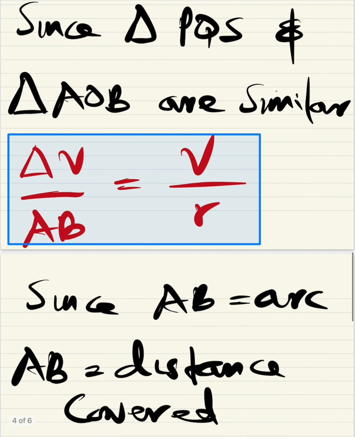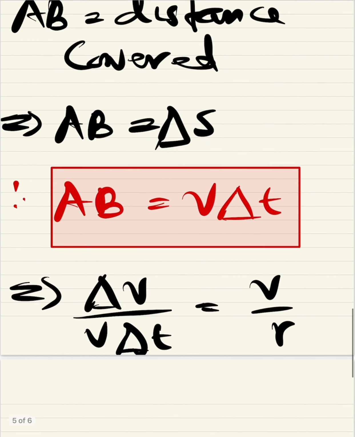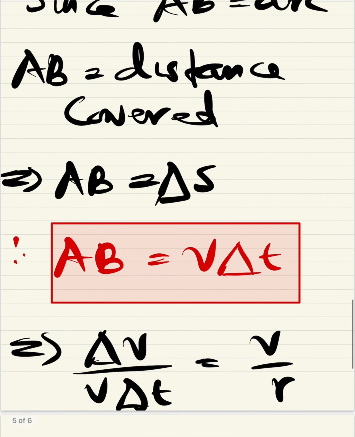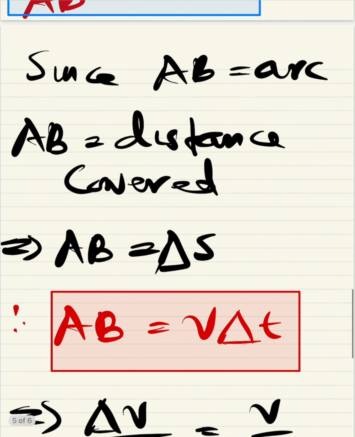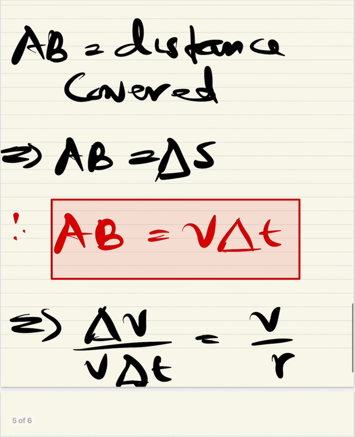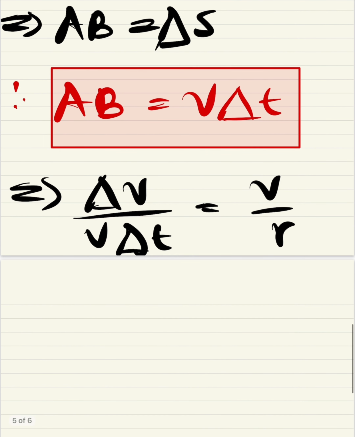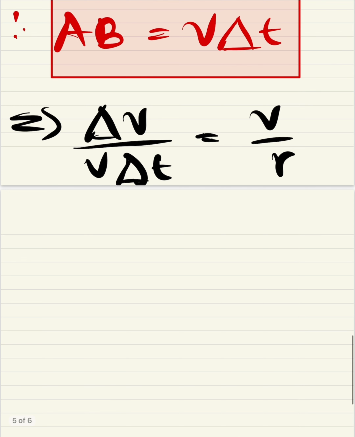You already have V here over R, and that is what we have here, V over R. This place you have change in V, then I put change in V here. It is because AB here is turning to V change in T, and that's why I represent it that way. So if you look at it very well, you can cross multiply some few things here.